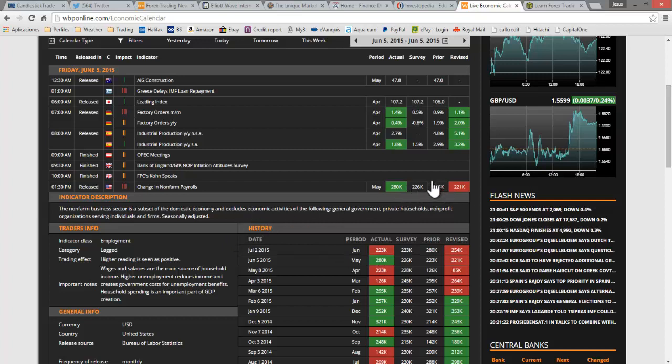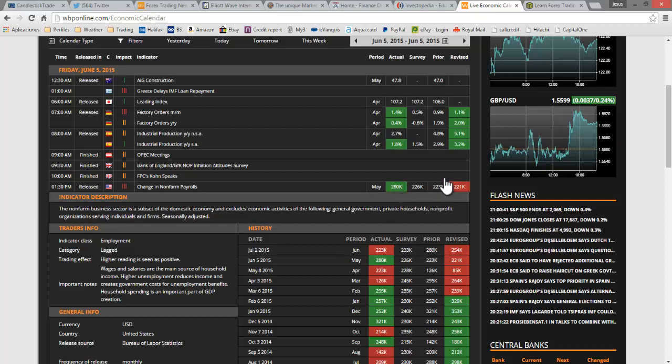So the prior one was 223k non-farm payrolls issued. We were only expecting an increase of 3,000 that day, and look, it came out really good: 280,000 roles. That's a lot more than what we expected at all.